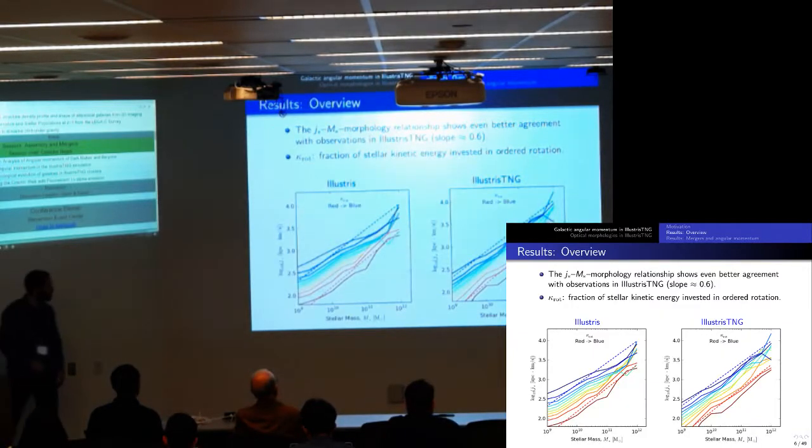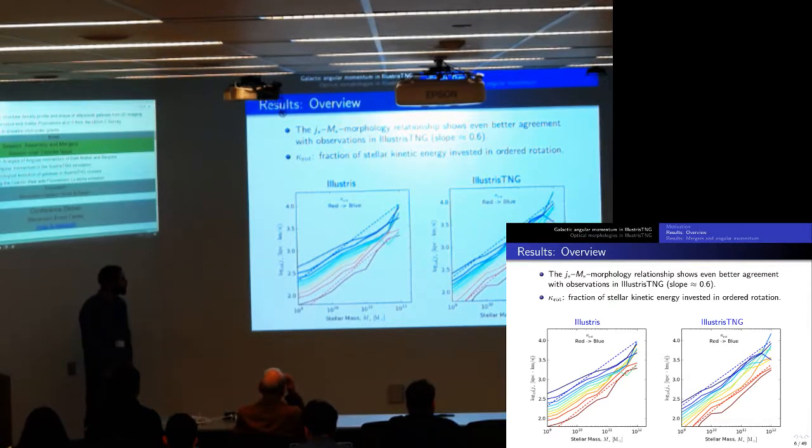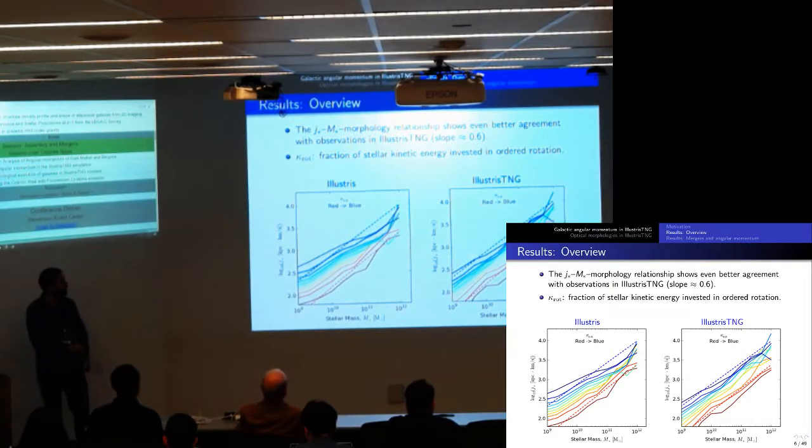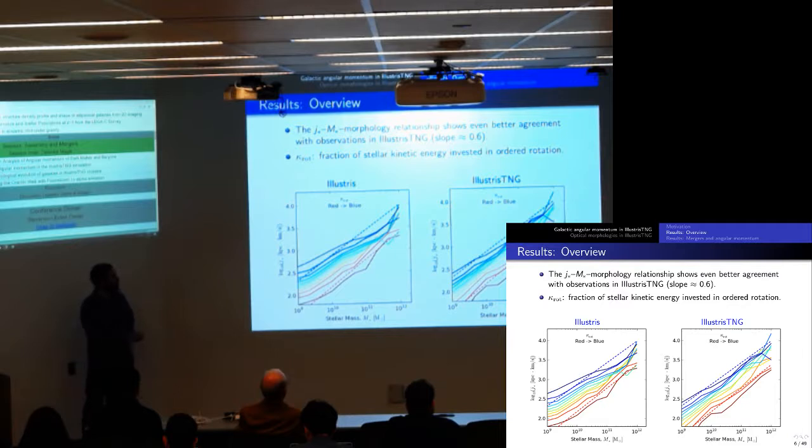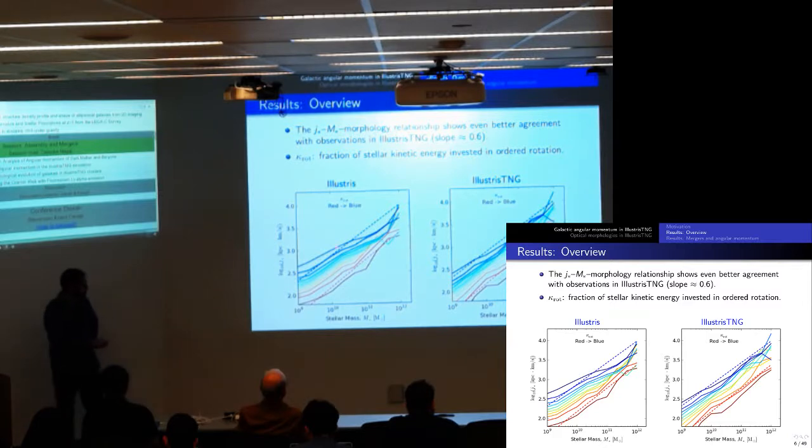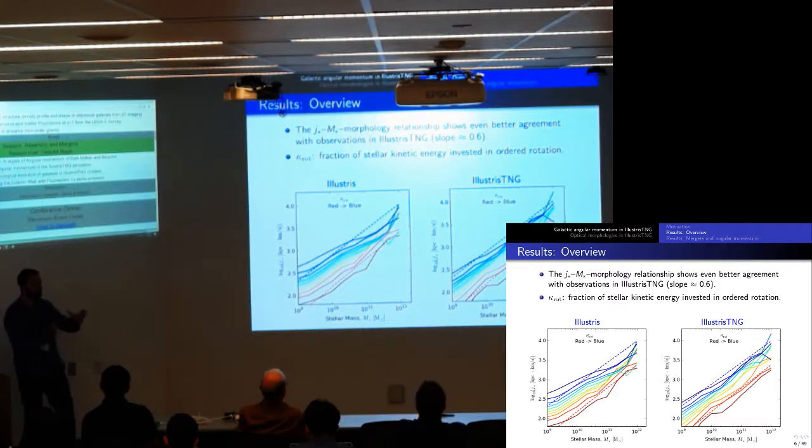Now there is a new simulation, as you know, IllustrisTNG, and what we get is actually closer to the observations than in the original Illustris. Here again, the dashed blue and red lines are the observed trends, and all of the other lines are what we get in the simulation. The different colors correspond to different morphologies, which we quantify using this kappa parameter, which essentially measures the fraction of kinetic energy invested in ordered rotation.